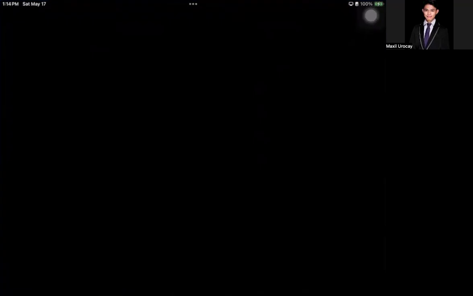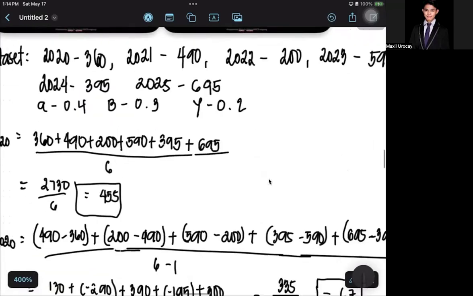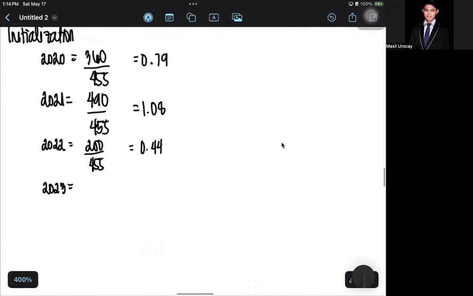For 2022, 200 over 455 is 0.44. For 2023, 590 over 455 is 1.30, keeping only two decimal points.